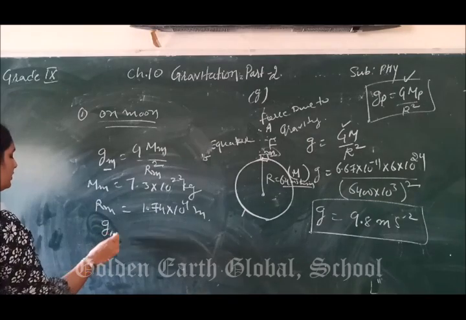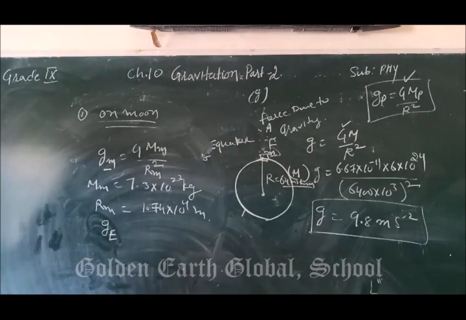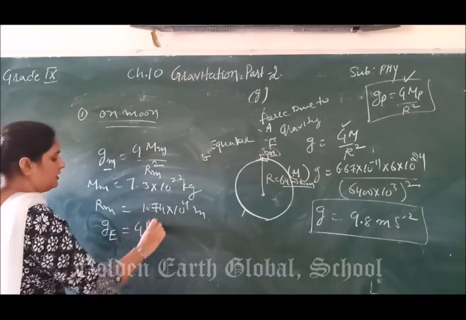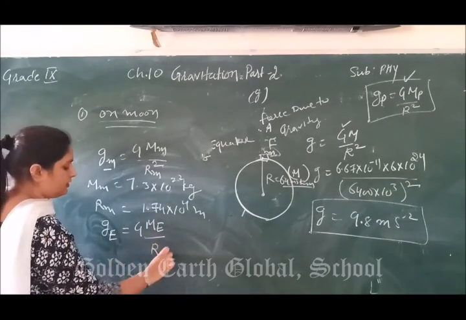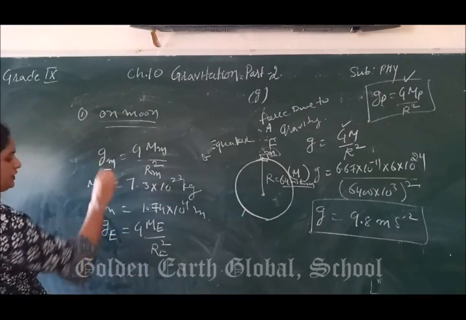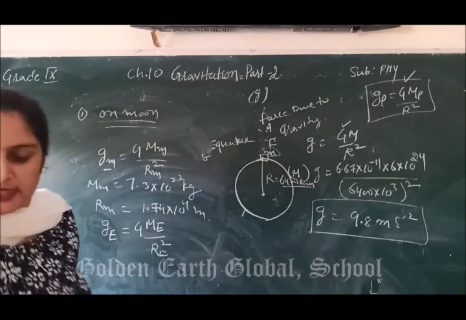I am going to write the acceleration due to gravity on the earth, Ge, that will be equal to capital G, mass of earth upon radius of earth whole square. And I am going to take the ratio of Gm to Ge.